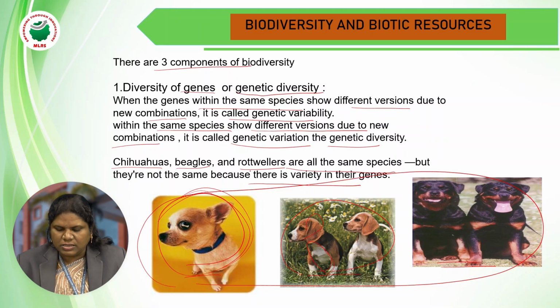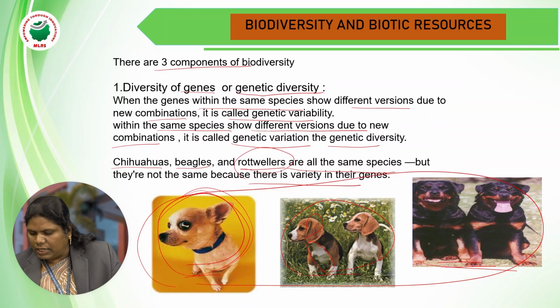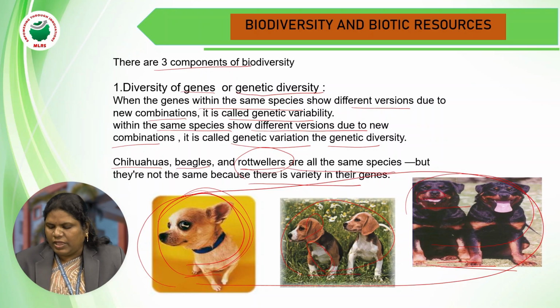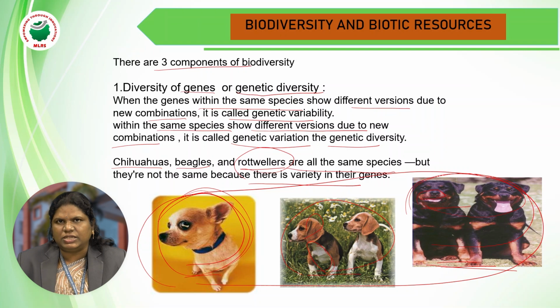The third variety, Rottweilers, are all black with a broad face and broad nose. This variation in characteristics is due to genetic variations, genetic modifications. Due to genetic modifications in a species, these different characteristics are observed in the same species.